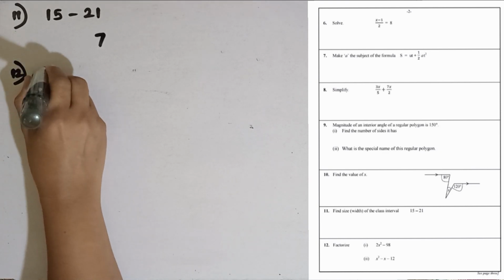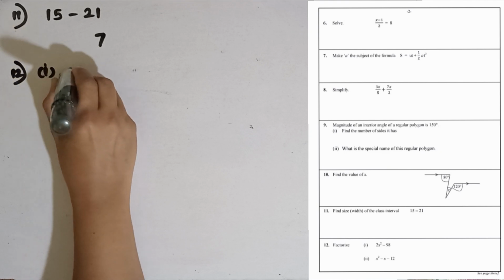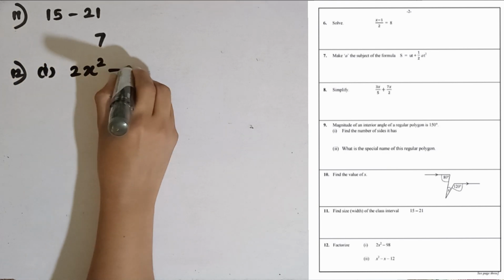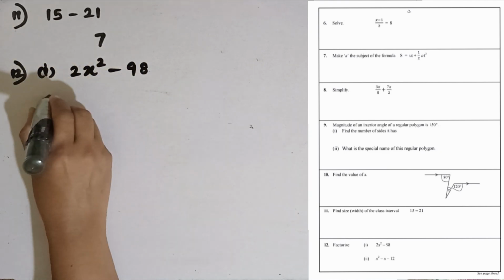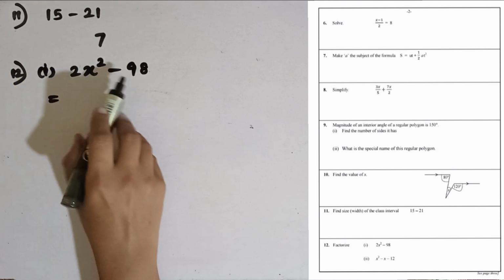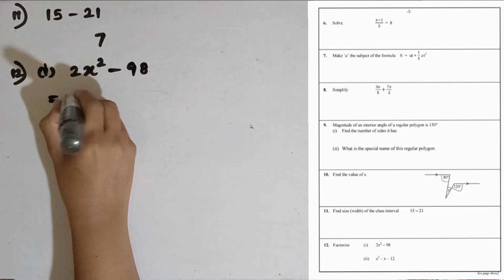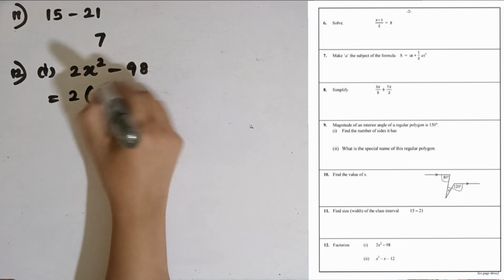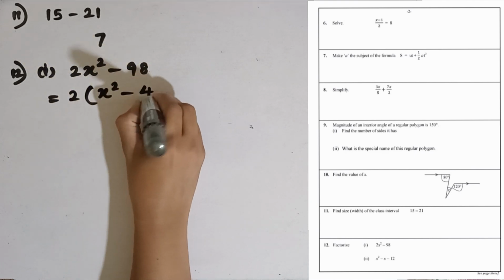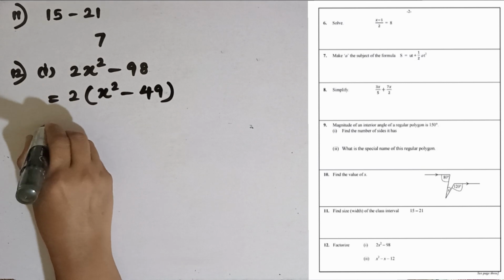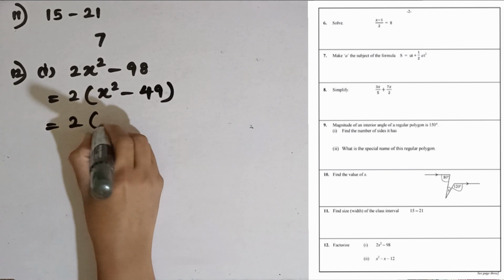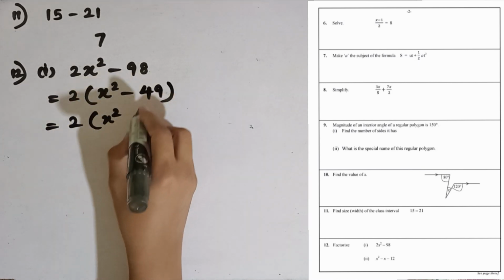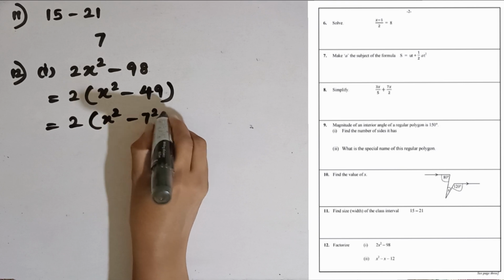Then question number 12. Factorize. First one, 2x squared minus 98. We can take 2 out here. 2 is a common factor. So x squared is remaining here. If you take 2 out, 49 is remaining here. Now we can write 49 as 7 squared.